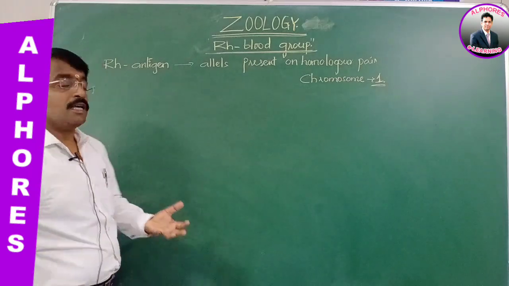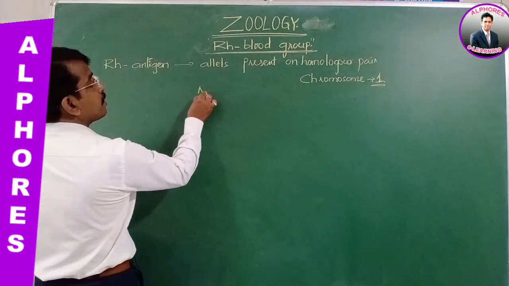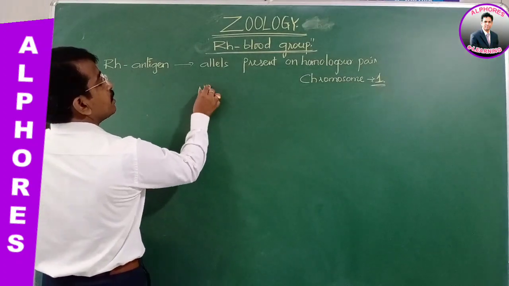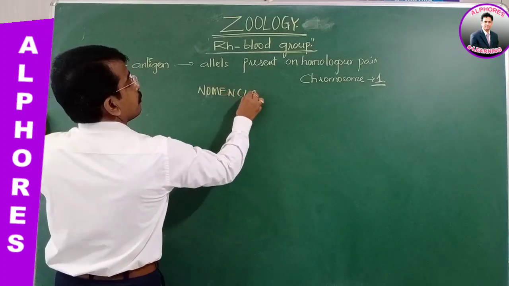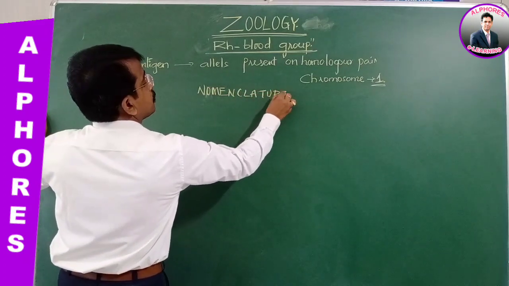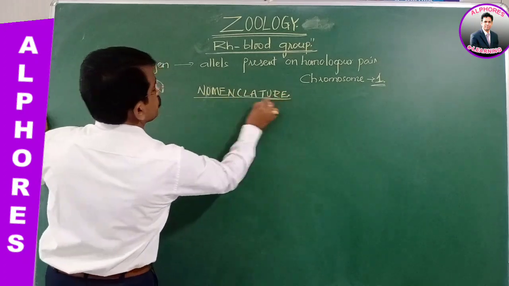Based on this, we go for the nomenclature of the Rh blood grouping system.